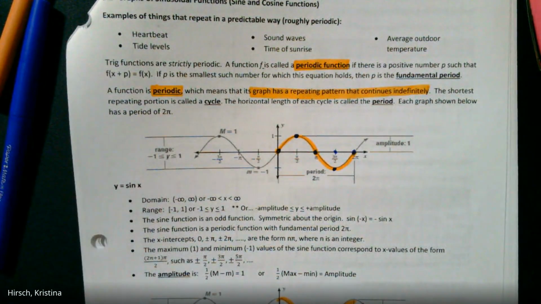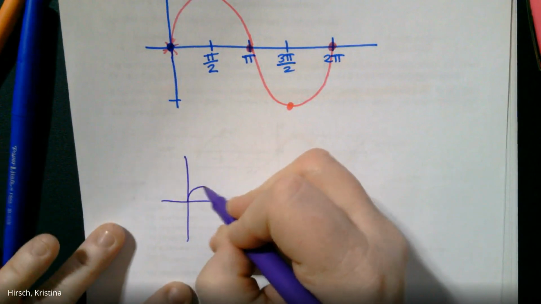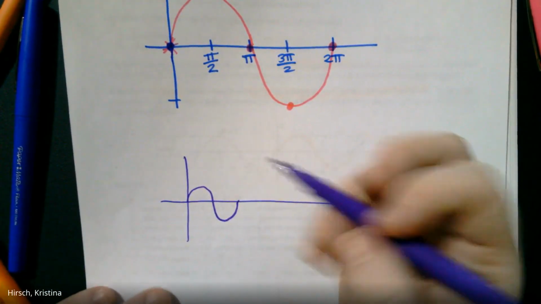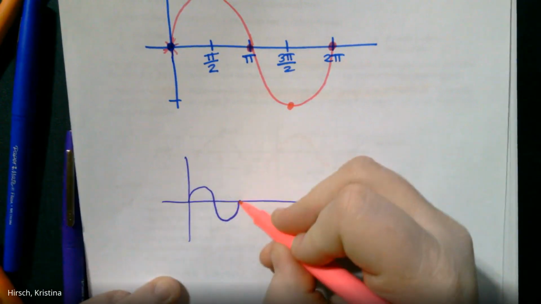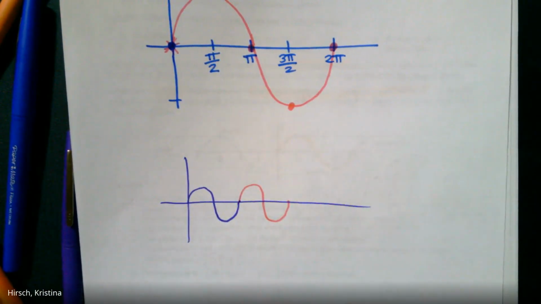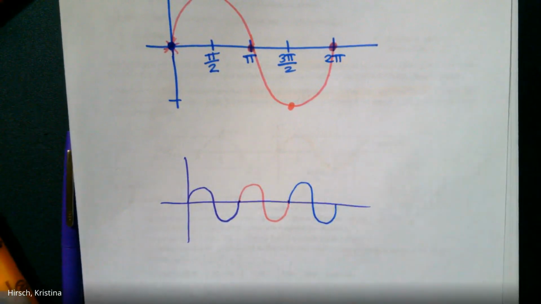So if I have a graph and this is my sine function, then it's just going to keep repeating. It's going to repeat again, and then it's going to repeat again.